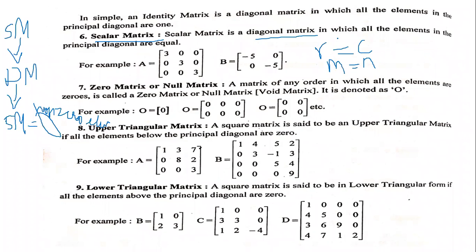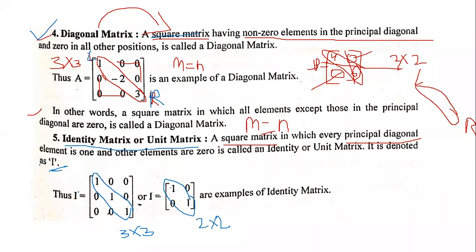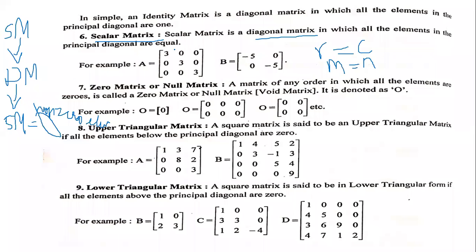Now, we will look into the elements. A scalar matrix is a diagonal matrix in which all the elements in the principal diagonal are equal. Like how you saw in the unit matrix, everything will be 1, right? So here it can be any number, plus, minus, no problem.